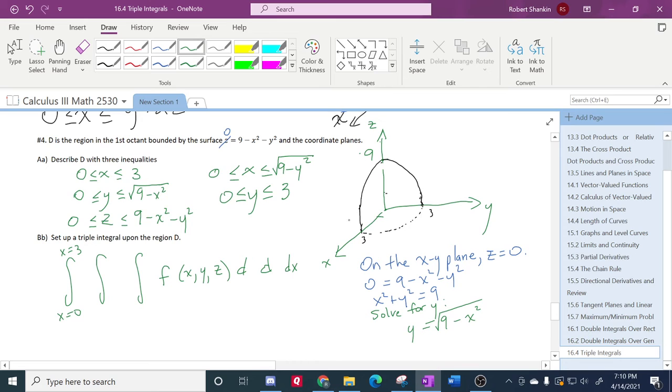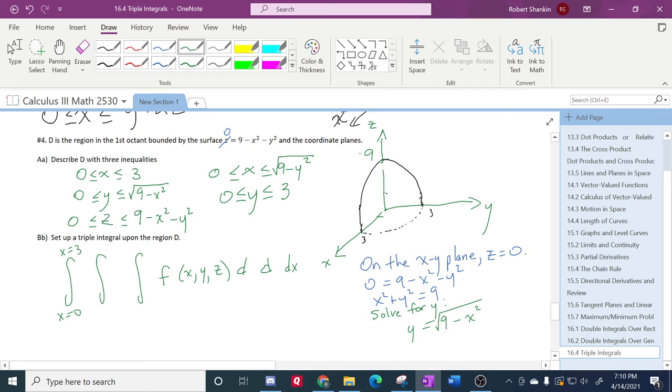So when you're at a particular point, the x and the y region has already been defined. It's inside this quarter of a circle. Take any point in that circle. If x and y are both 0, then you're at the origin, and then the z can go from 0 to 9. But if you're way out on the edge, suppose x is 3, and you're over here, and y is 0, z would go from 0 to 0.